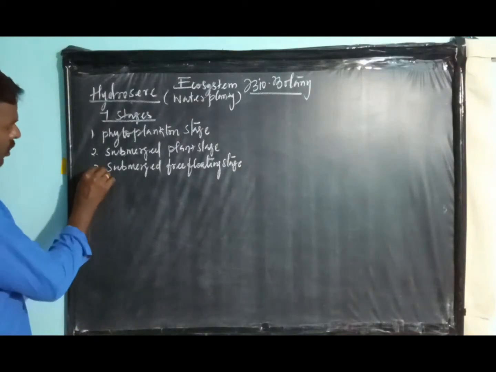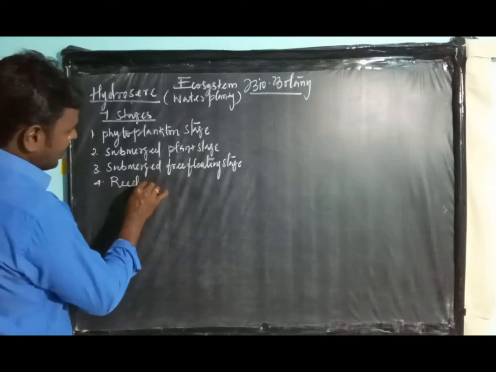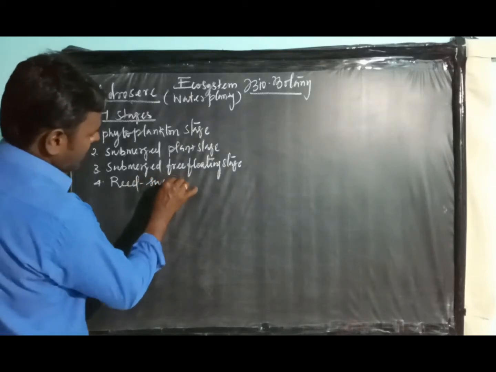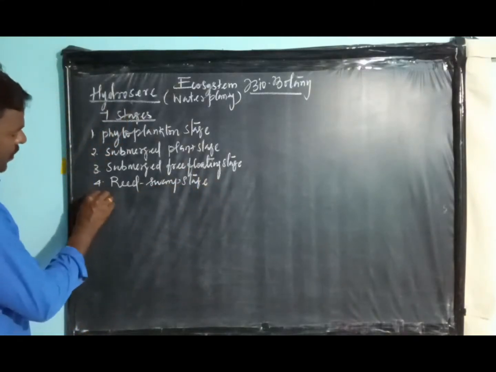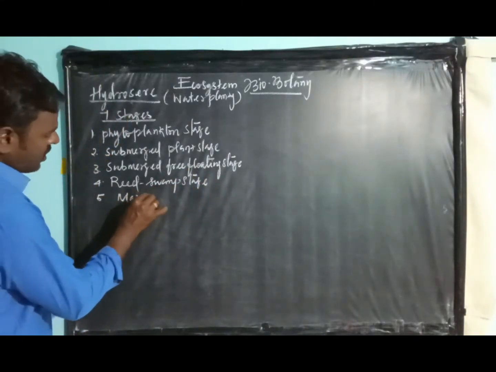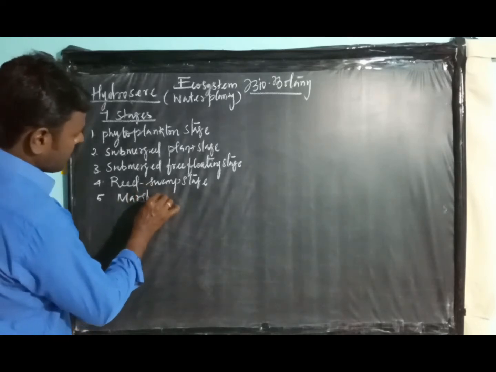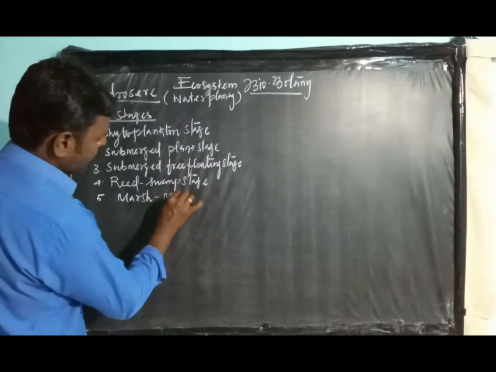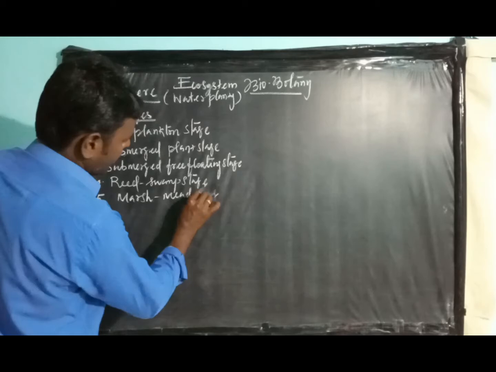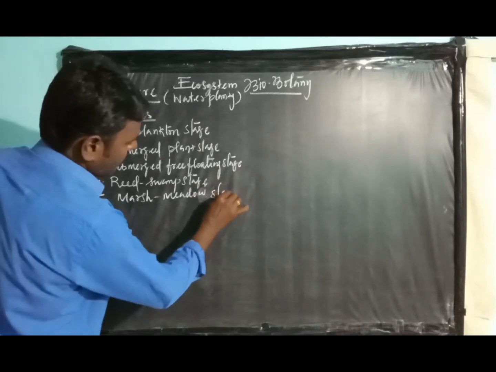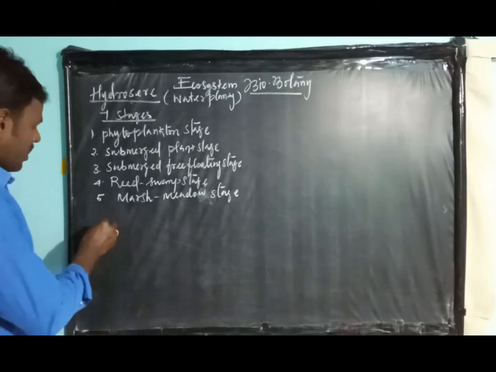Fourth is reed swamp stage. Fifth is marshy meadow stage.